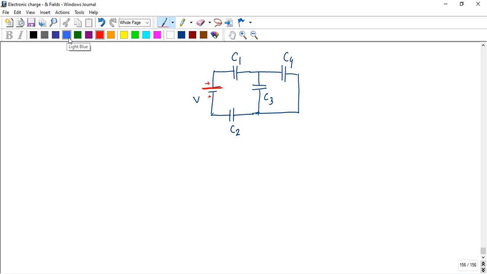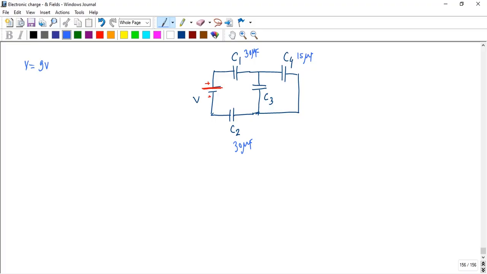Now the given data: V is a 9-volt voltage source, C1 and C2 are 30 microfarad each, and C3 and C4 are 15 microfarad each.